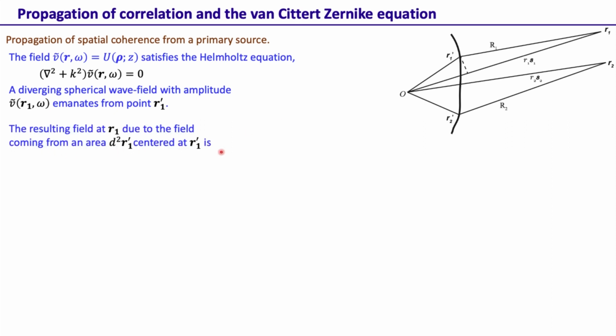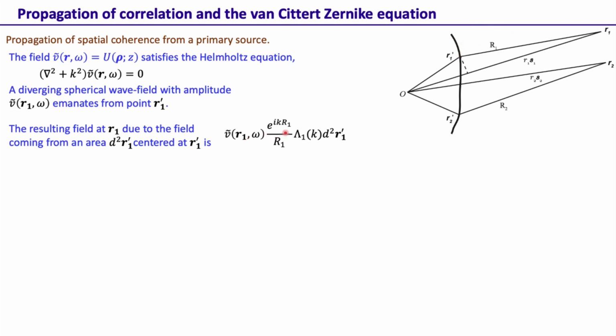So if we have a source at r1 prime with amplitude v tilde r1 omega, and let's also consider d2 r1 prime, a tiny area at r1 prime, then the field amplitude reaching r1 from this point, that contribution, can be written like this. Here we see e to the i k r1 by r1. If we just take a unit amplitude source here, then these are spherical waves.